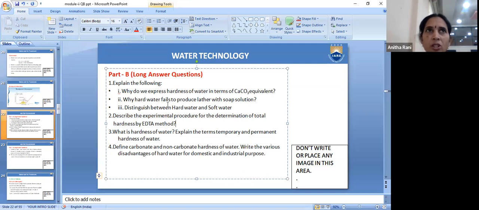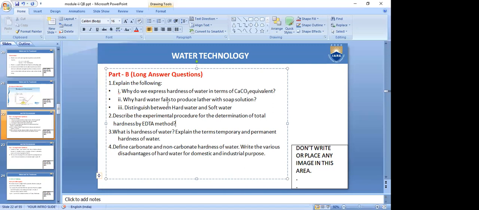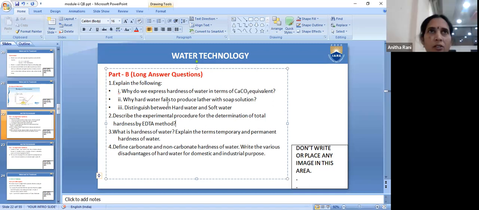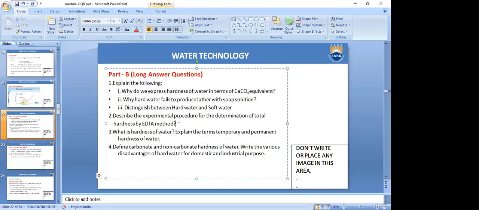What will you take in step 3, hard water or boiled water? Hard water, the sample tap water, you will take. Step 3, tell me the formula: M3V3 is equal to M2V2.